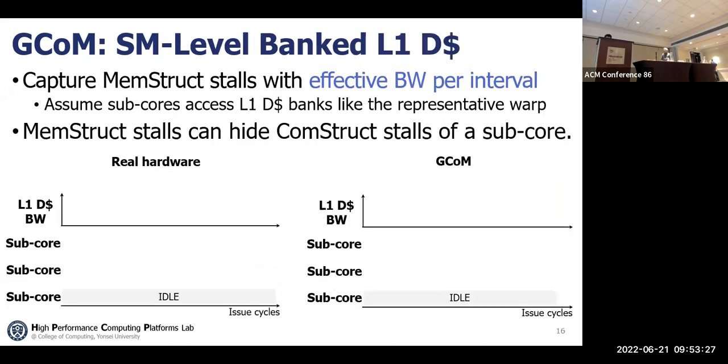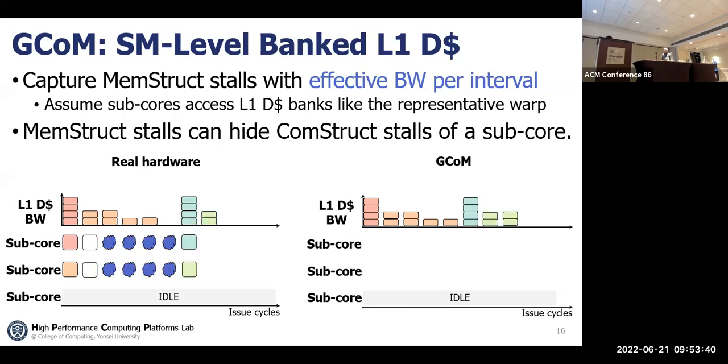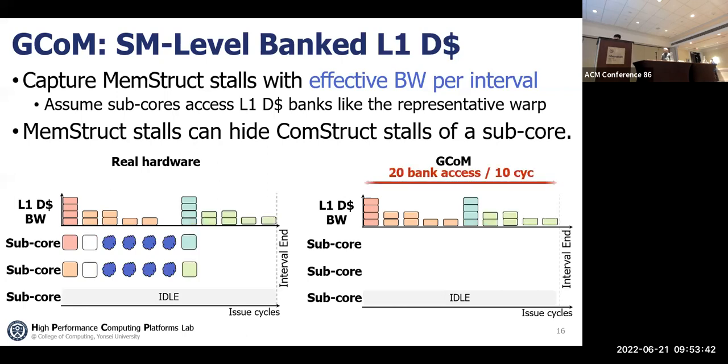At the SM level, GCoM models memory structural stalls. It calculates the effective L1 bandwidth with the bank access pattern of the representative warp. GCoM uses the memory access address of each thread in the warp to determine the per-bank access count regarding a coalescing scheme.